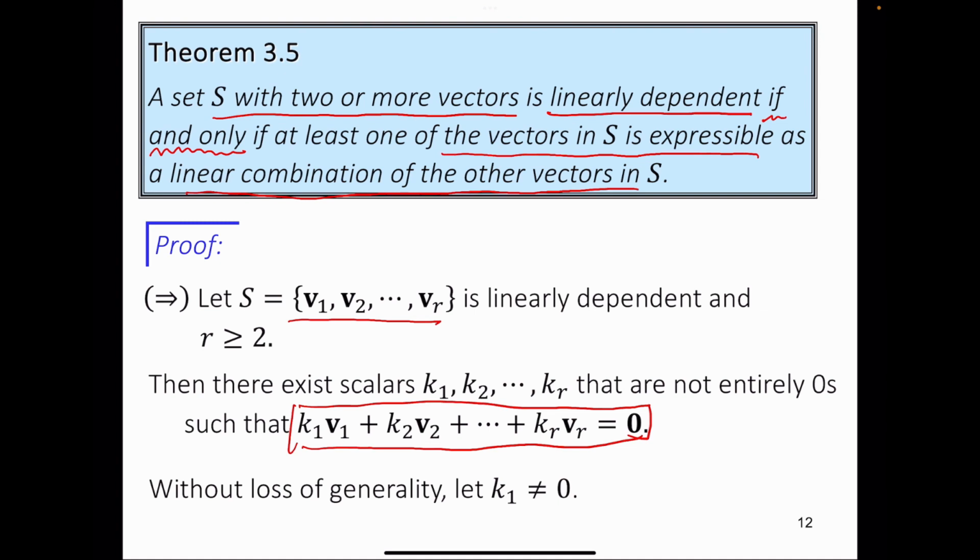The first case is k1 is not equal to 0. The second case is k2 is not equal to 0, up to case r where kr is not equal to 0. It doesn't matter which case we consider, the proof follows similarly. Therefore, without loss of generality, we assume only the first case, which is k1 is not equal to 0.